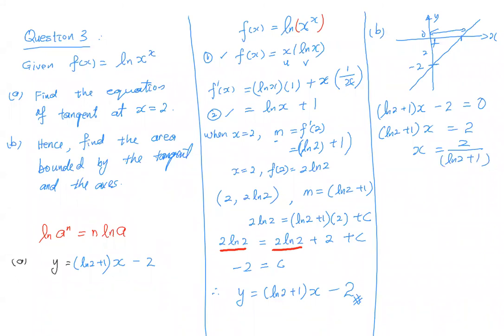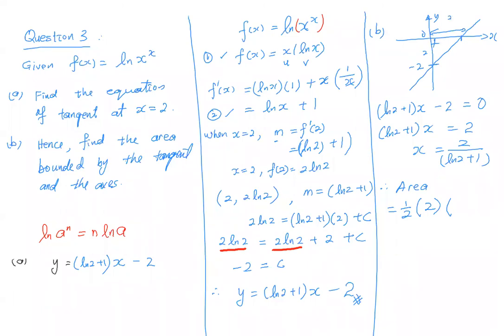So therefore, the area is equal to half base times height. So what is the height? Are you sure it's ln 2?